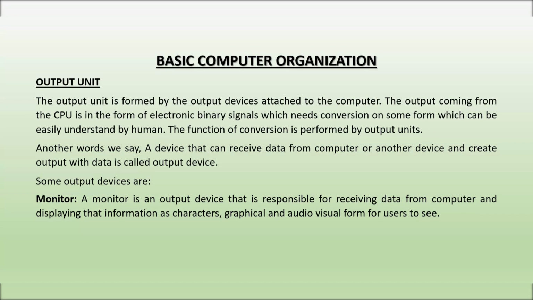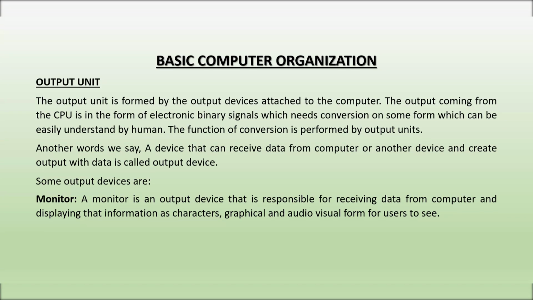Everyone knows about the output unit. What is the output unit of the computer? The output unit is formed by the output devices attached to the computer. The output coming from the CPU is in the form of electronic binary signals which need conversion into some form which can be easily understood by humans.